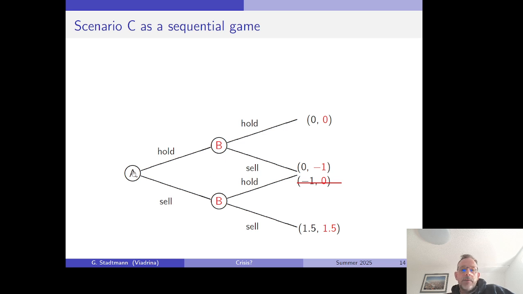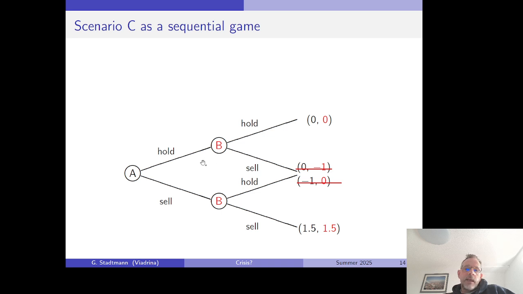Next one, what if player A plays hold? How will player B decide afterwards? Player B will compare the red 0 and the red -1. Red 0 is higher, so we can rule out this strategy option. Player B will not play sell in case player A holds.